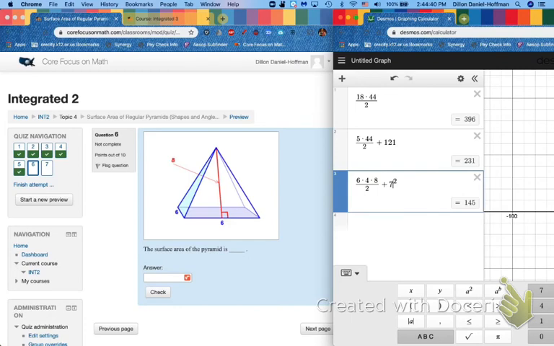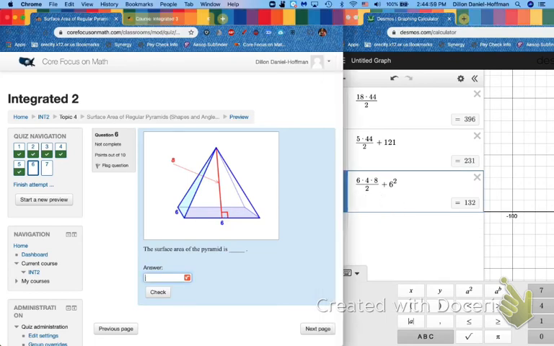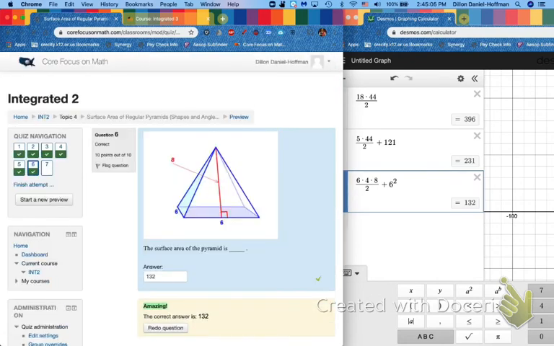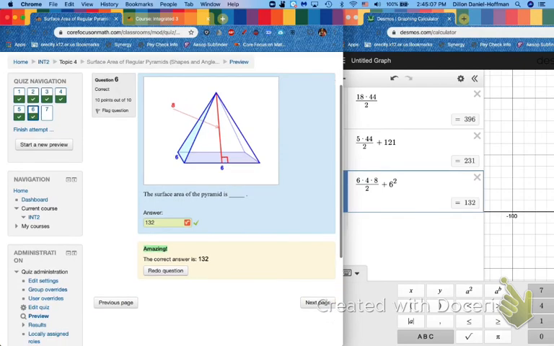And then I need to always make sure that these numbers match when you're doing the area of the base. Side length times 4 will give you the perimeter. Side length squared gives you area of the base. If you've done that correctly, hit check, see if you got it right. If you didn't, just hit redo and rewind the video for the explanation again.